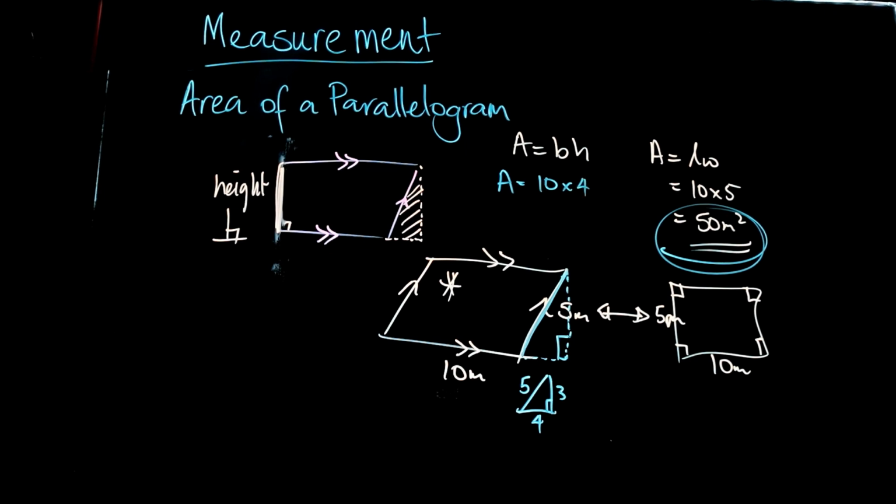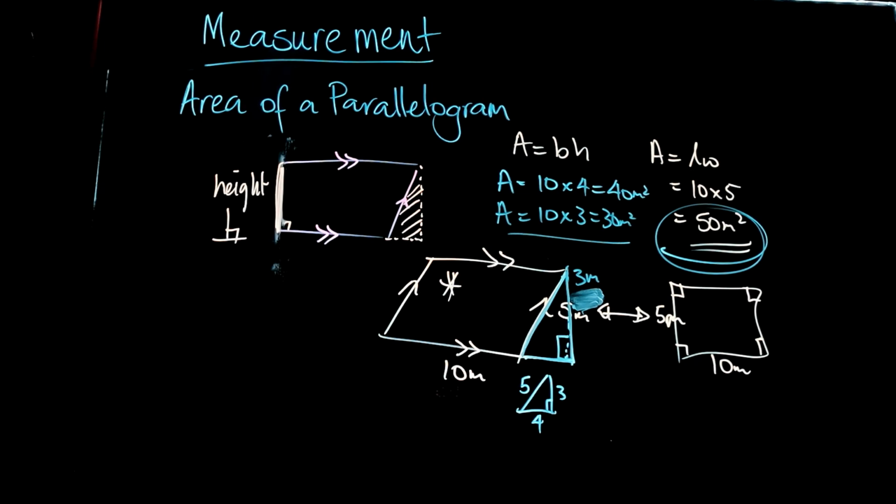So let's say that this height is 4 meters. Okay, the perpendicular height of this parallelogram is 4 meters. So our answer would be 40 meters squared. Now let's change it. I'm just rubbing this out, and let's call it 3 meters, because I'm not sure what it actually is. It could be either of those options, and we end up at 30 meters squared.